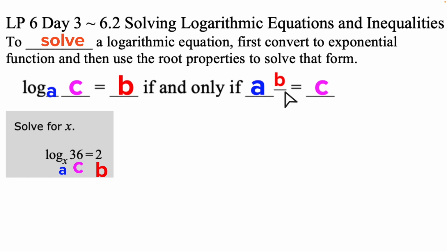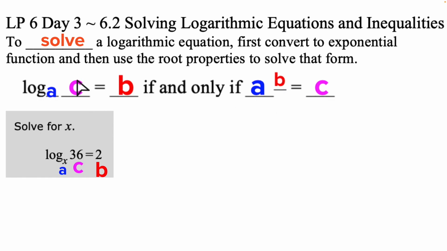So if I use these pieces, and I do like color coding if you can't tell, you can very easily see that if I have log of a certain base here, then that's going to be my base for my exponential function. And then the equal to part over here, b, well, that's my exponent.